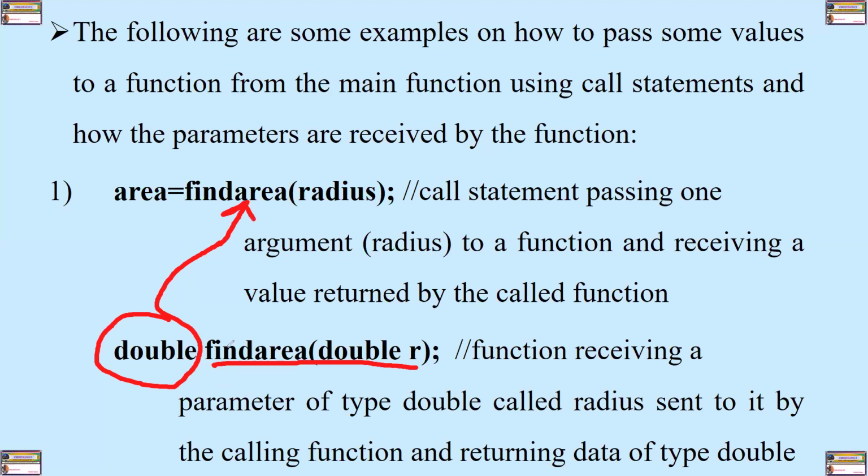So after the function called find area is done and it has gotten a value which is of type double, that value will be sent back to the calling function, and then it will be assigned or stored in the memory location called area. So the call statement's arguments must always match with the parameters for the receiving function. Very important to remember.